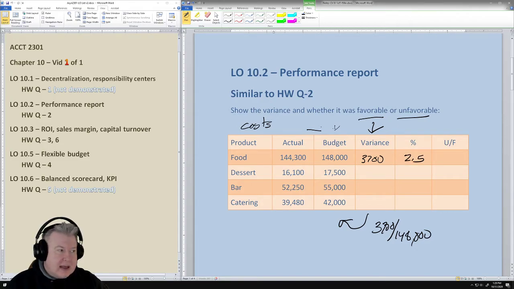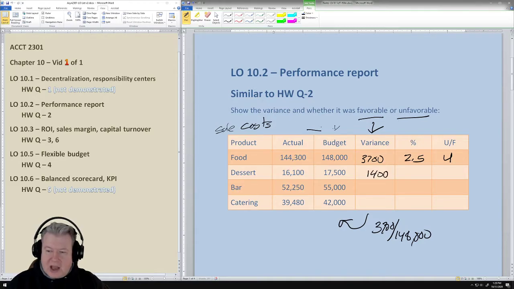And looking at the fuller question, I see that they're determining this as unfavorable. So this would be a sales target, right? Because if you came in under the budget and you're declaring this unfavorable, you didn't make as much as the budget. So similarly here, the dessert is a difference of 1,400.